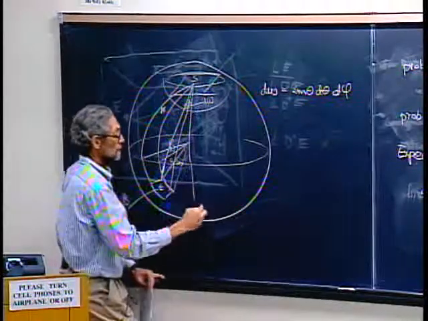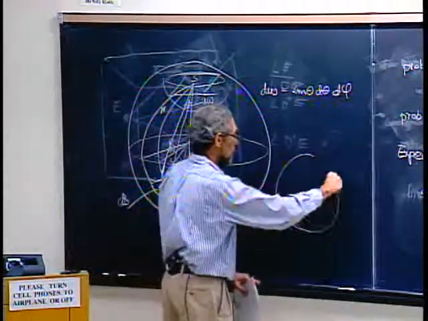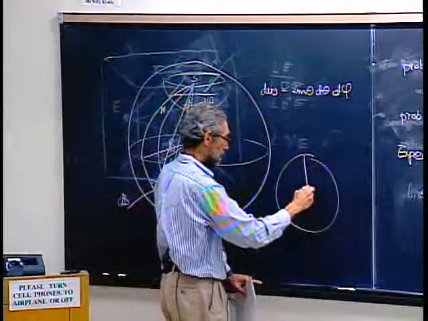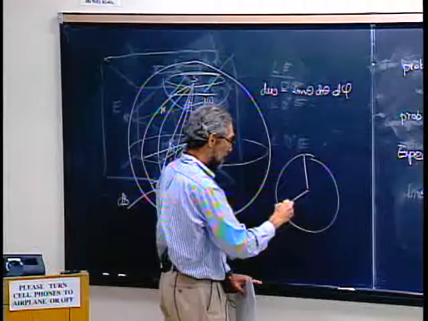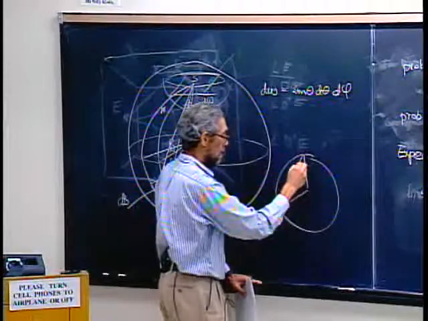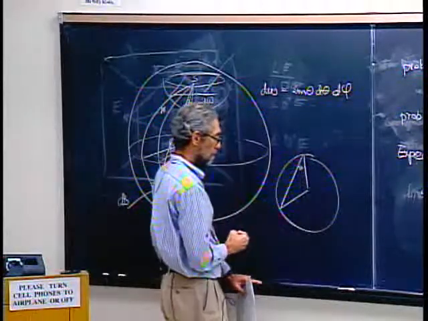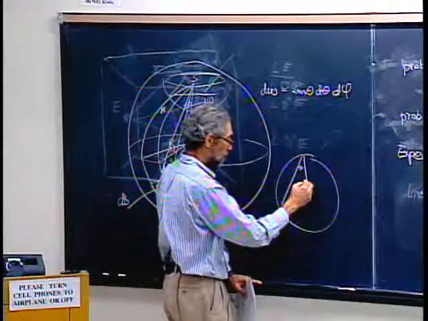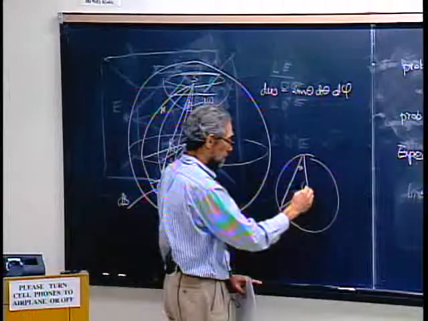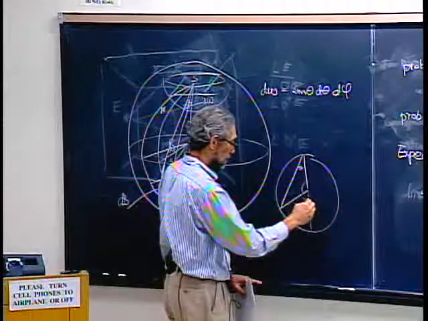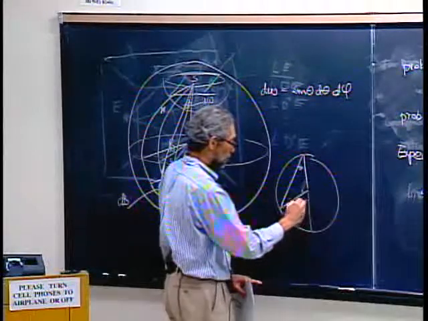Let me do it again in my 2D picture. If I have an angle theta here, then this angle, I guess it's this angle, which is twice theta.